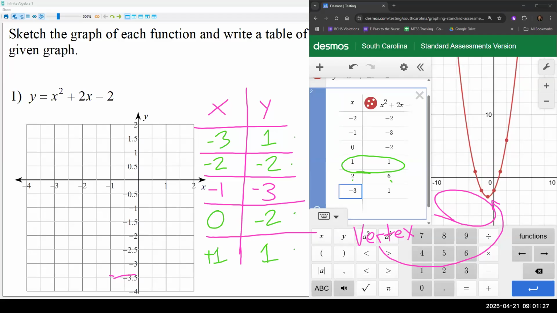I want to plot these points on my graph, and then I'm done. Start with my vertex, -1, -3. -1, -3 right there.